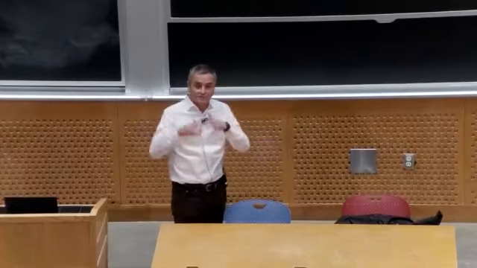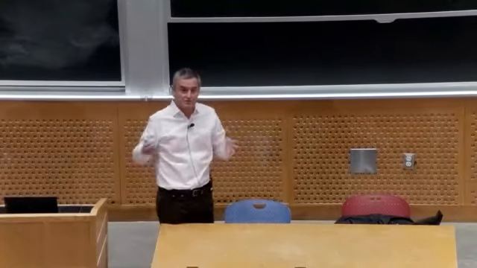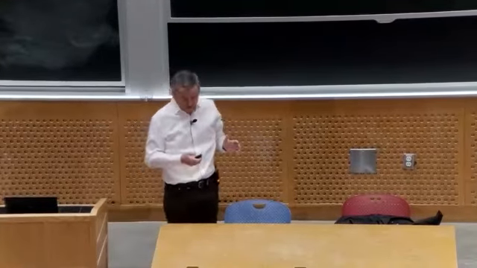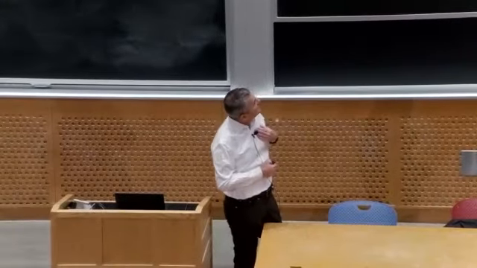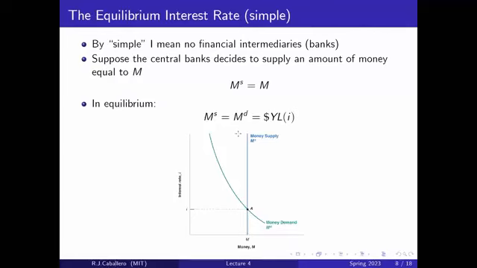Okay, and so there are some things that are predictable and so on, but you can get very large fluctuations. So in practice, what central banks do nowadays is they tell you what the interest rate is, and then they offer whatever M the market needs for that interest rate. That's the way modern monetary policy works. Okay? I'll tell you a little bit more about that.